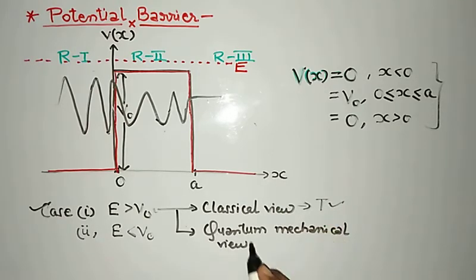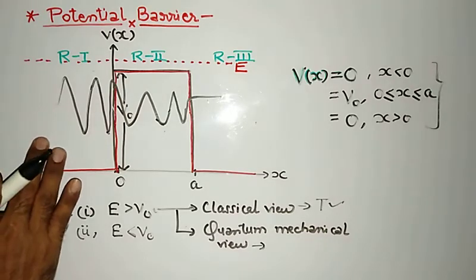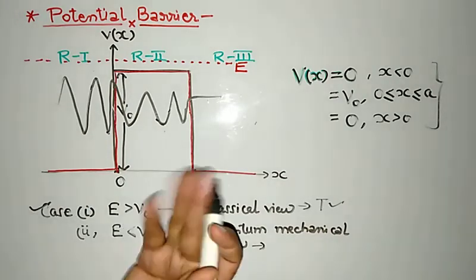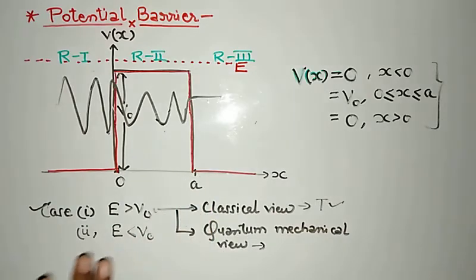But when we deal with the quantum mechanical view, we will see that it will not always be totally transmitted, but it reflects also. That is, we will have a quantum mechanical reflection coefficient as well as a quantum mechanical transmission coefficient. We will obtain both values.